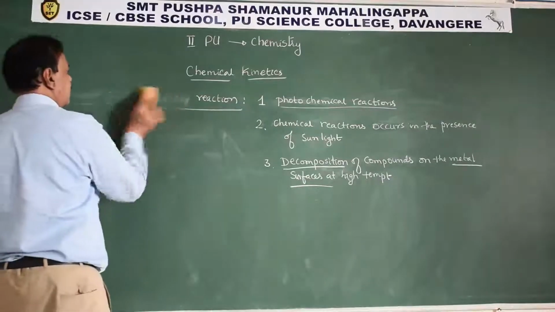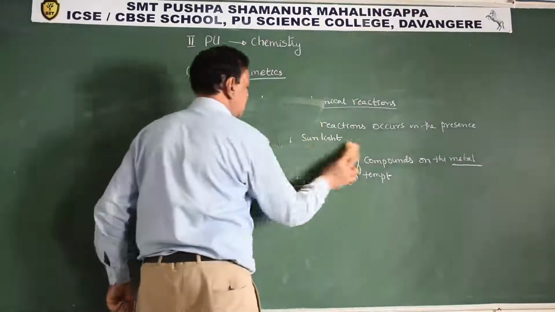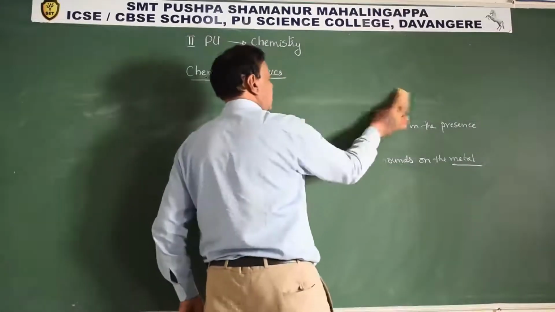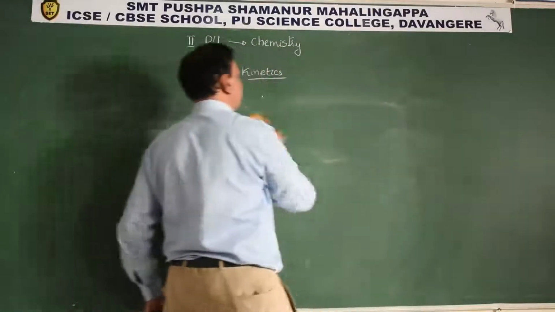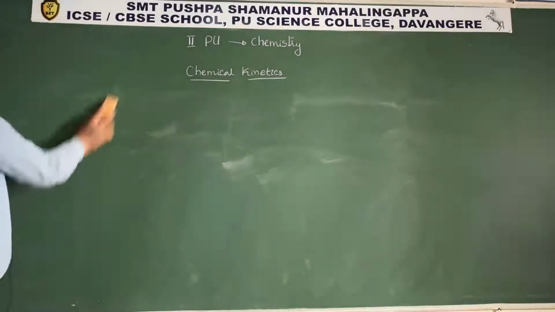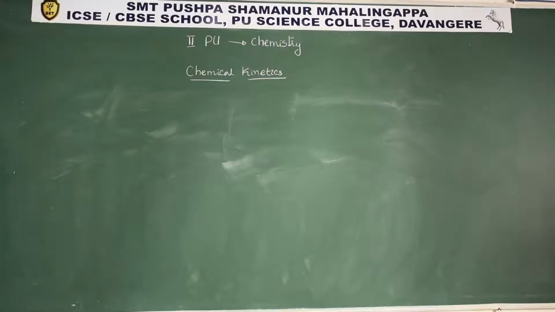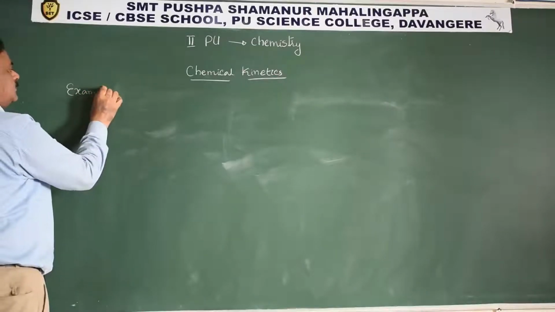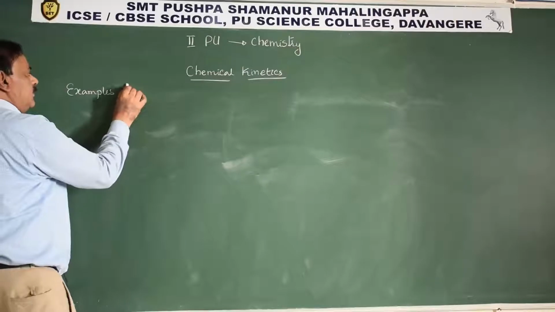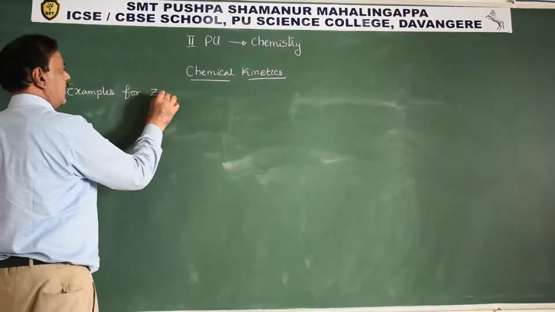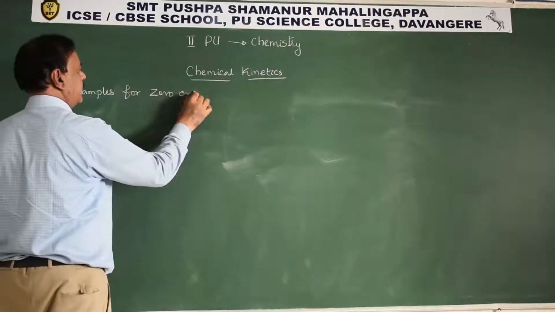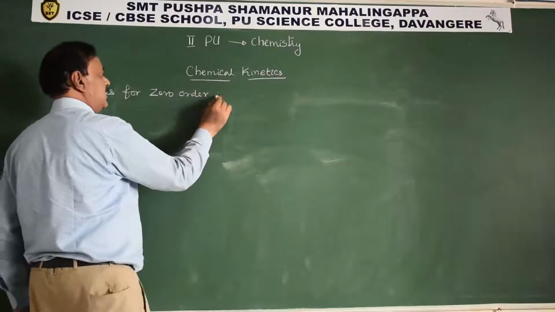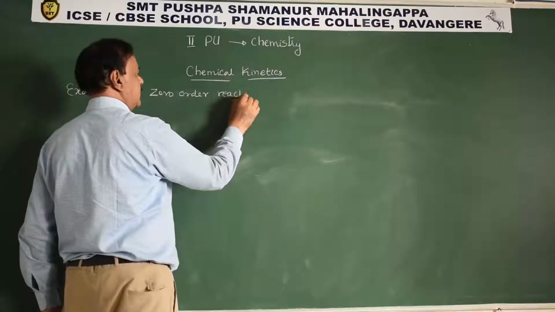Thermal decomposition of hydrogen iodide on the surface of gold. Important examples for zero order reactions.